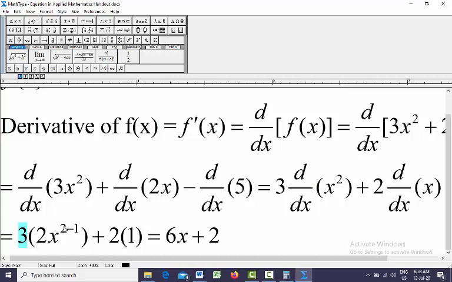And here we have x to the power 1, and you know that power 1 you don't need to write, you can just leave it. 2 minus 1, the power, is equal to 1. So we can just leave it like this. So 6x plus 2 is the answer.